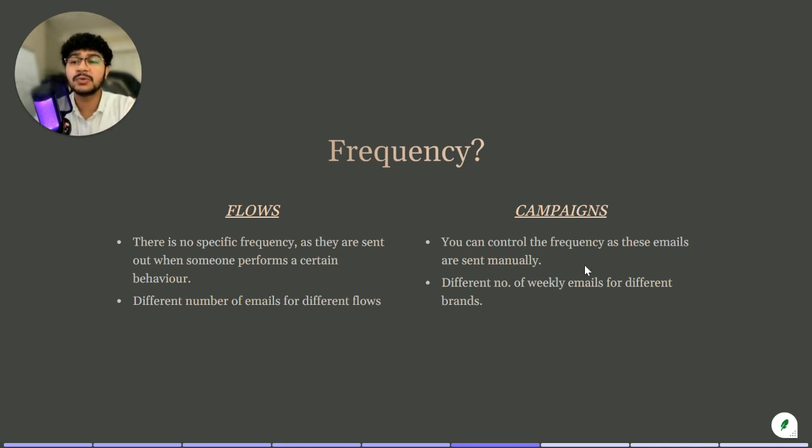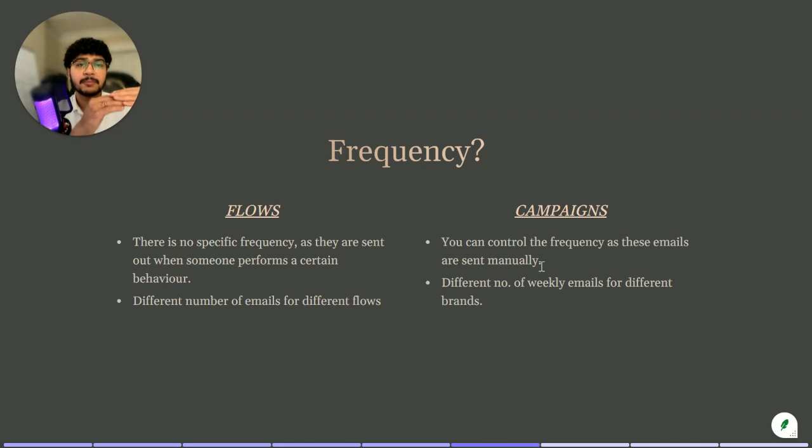And as for campaigns, you can control the frequency, as these emails are sent out manually by you, and different numbers of weekly emails are suitable for different brands. But what works well is you start with 2 emails per week, and then you see what the open rates, click-through rates, and conversion rates are. If it's above the KPIs that you need, then increase.